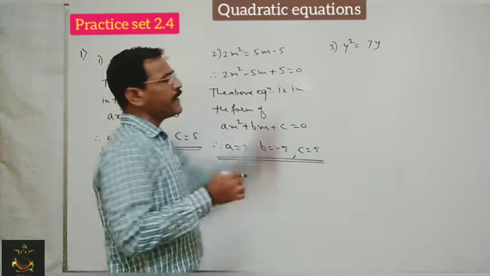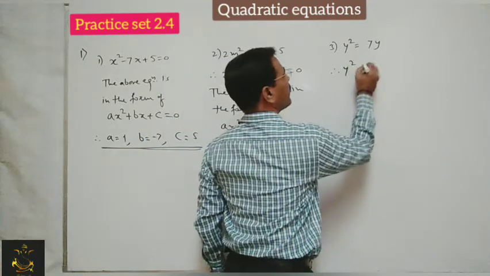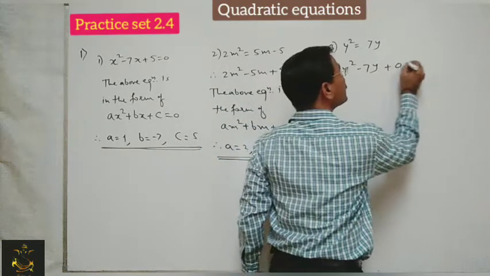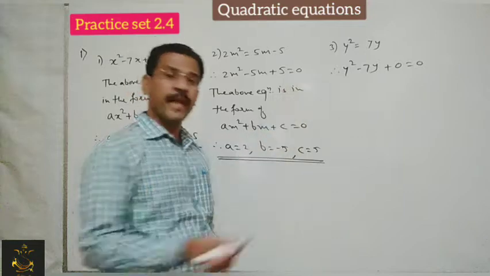Here also, it is not in neat form. I'll write y square minus 7y, but there is no constant, so I'll write plus 0 equal to 0. Now it is in the standard form.